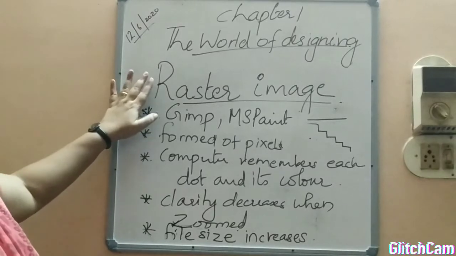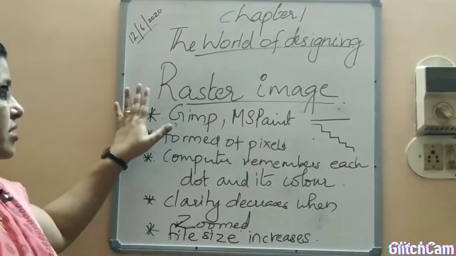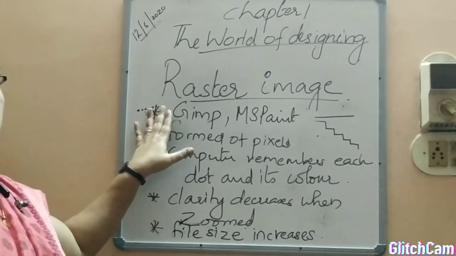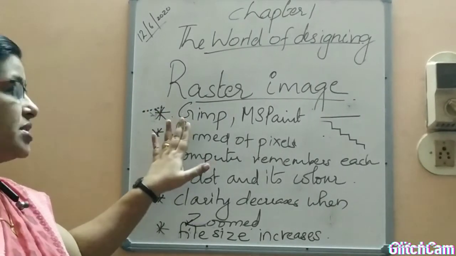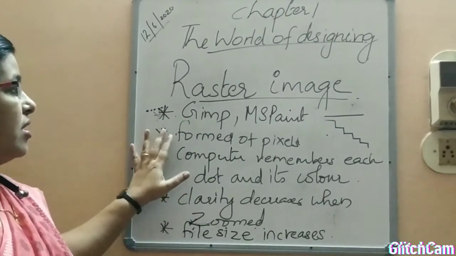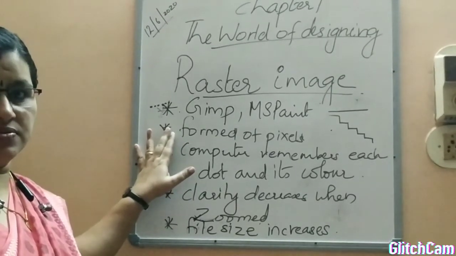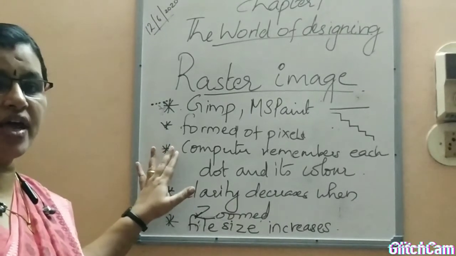Then, these are the features of raster image. What are the features? Once again, we will discuss. The software used is GIMP and MS Paint. Then, it is formed of pixels. The computer remembers each dot and its color.